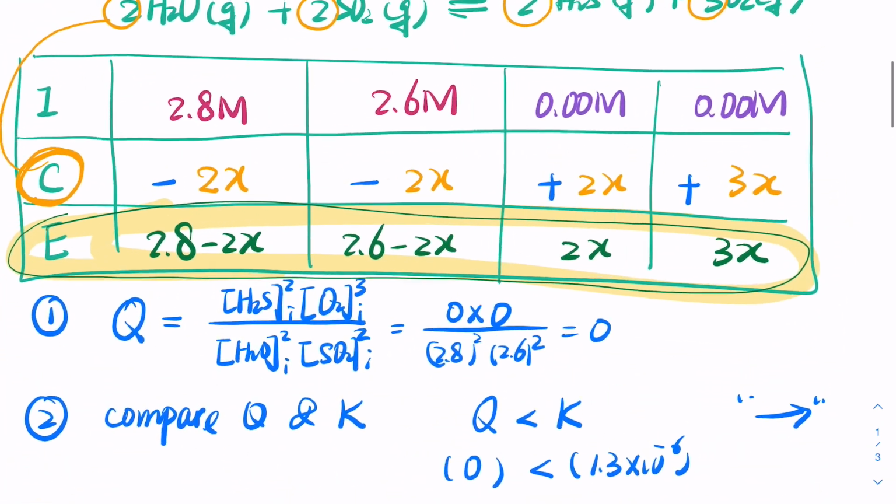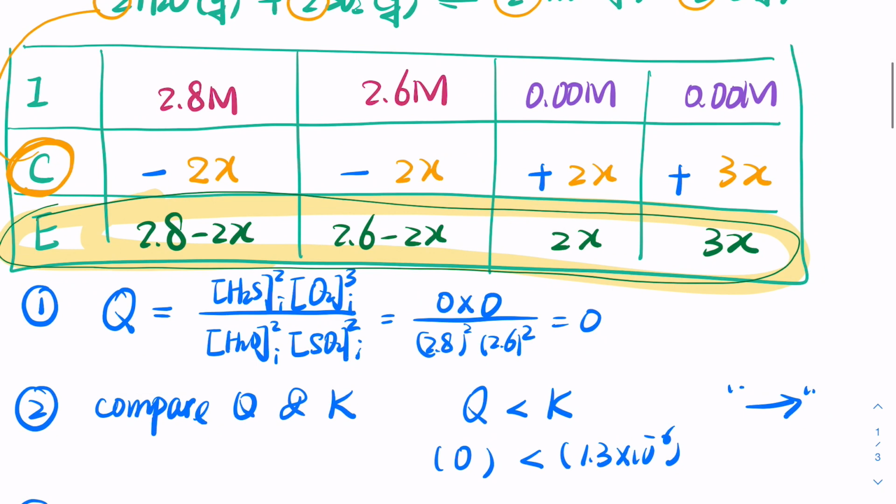If you look at this table, x equals 0.058.